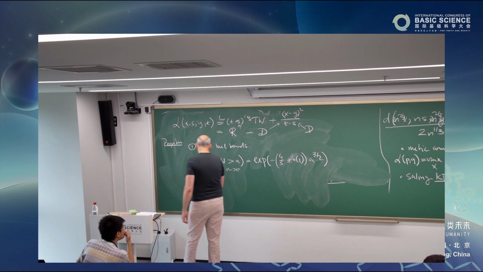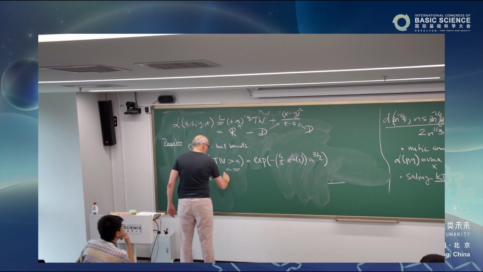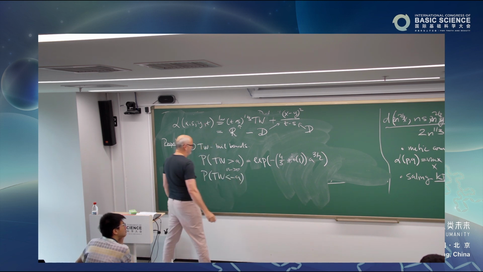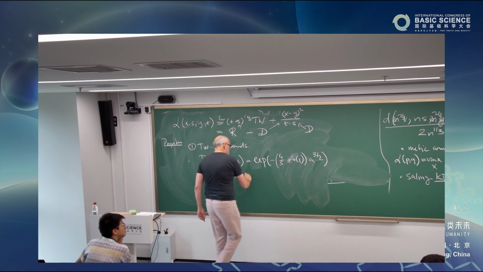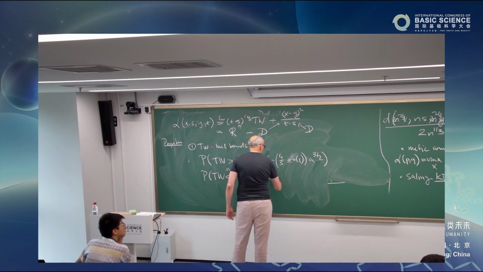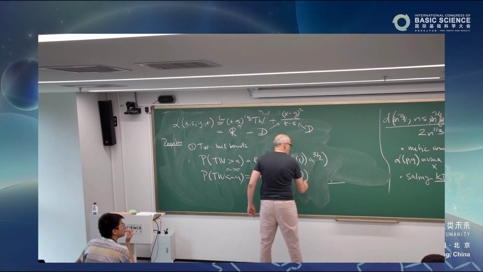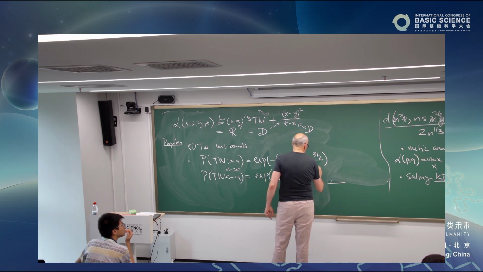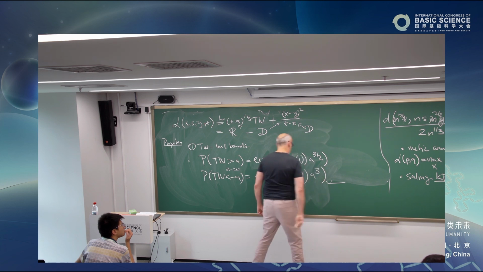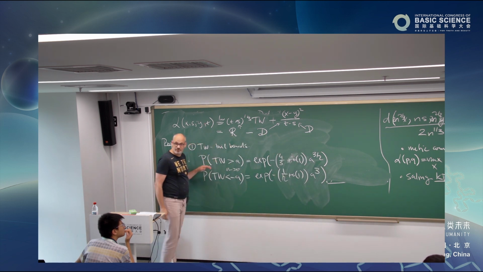And the probability that the Tracy-Widom is less than some minus a is the exponential of minus 1/12 plus little o(1) of a cubed. So you have these Tracy-Widom tail bounds.